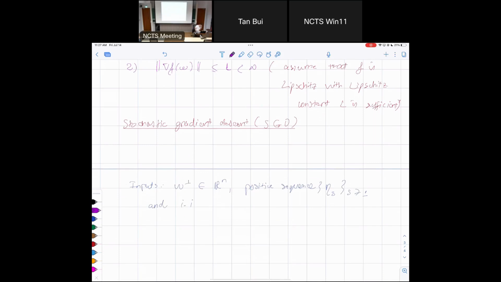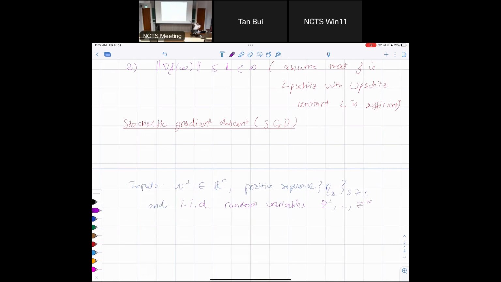And the IID random variables, or random sample, Z1 through ZK. So we assume that we have K samples.